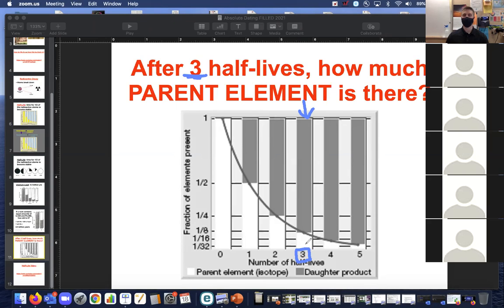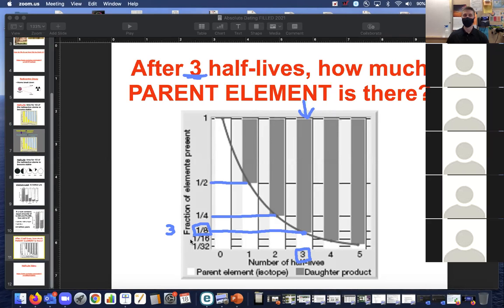So at 3, going to here where it crosses that line, and we follow that over, and that gives us 1/8. So that's 3 half-lives. 2 half-lives is 1/4. 1 half-life is 1/2, because it's 1 half-life, there's half of it there.